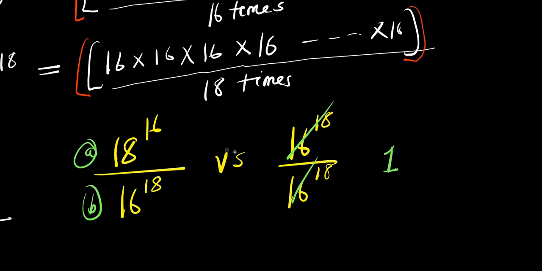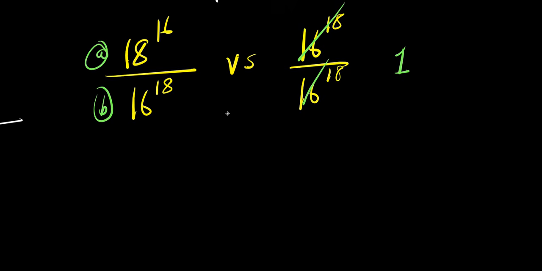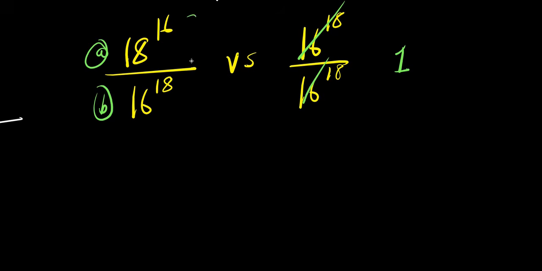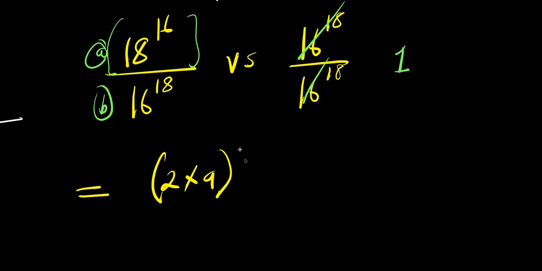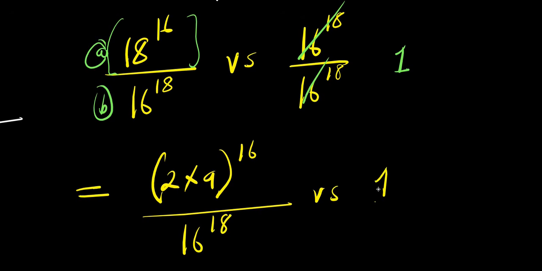That is why we are comparing everything to 1. Let's reduce this further. 18 is 2 times 9, raised to the power of 16, divided by 16 to the power of 18.